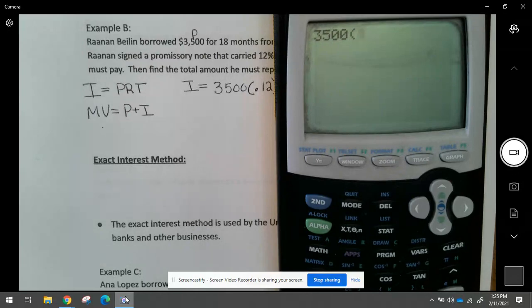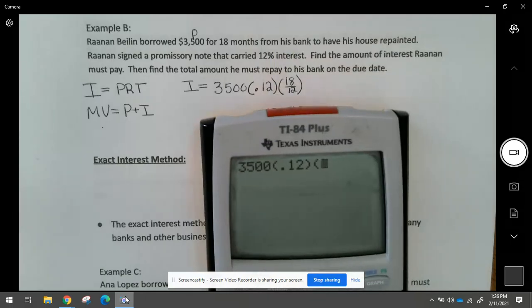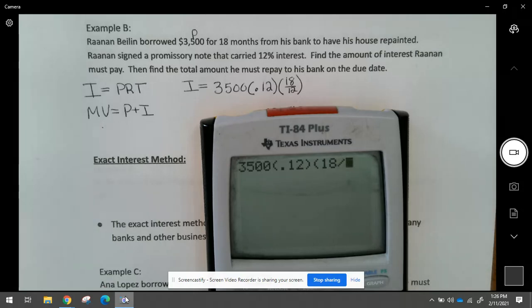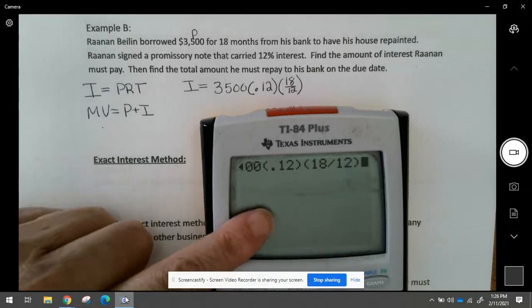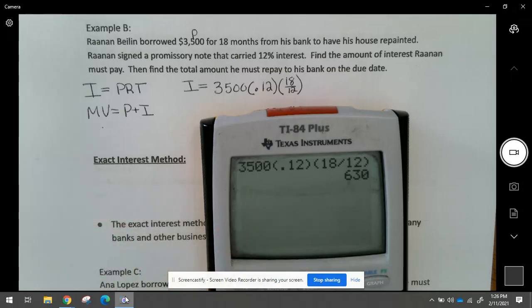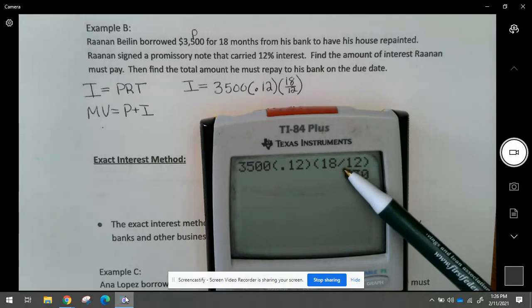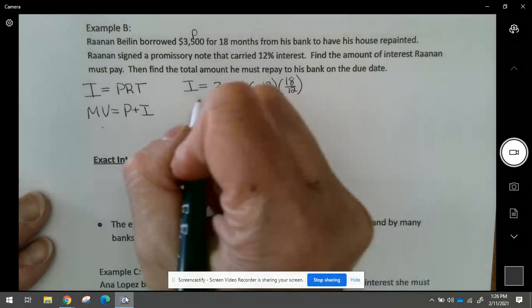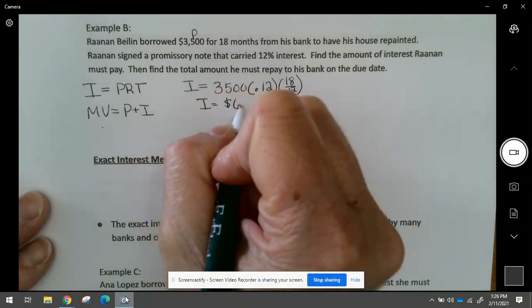Use parentheses, 0.12, another parenthesis. Type in 18, and then instead of a fraction bar, you can just hit the division key, put your 12 in, close your parentheses. That's how you get your answer. So our interest here is $630.